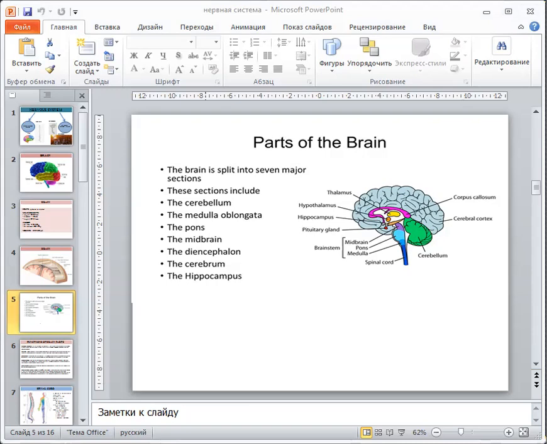The 2 upper tubercles contain the subcortical center of eyesight, and the 2 lower tubercles contain subcortical centers of hearing. The brainstem is formed by nerve fibers. Between the nerve fibers there are neuron accumulations. These are the midbrain nuclei.